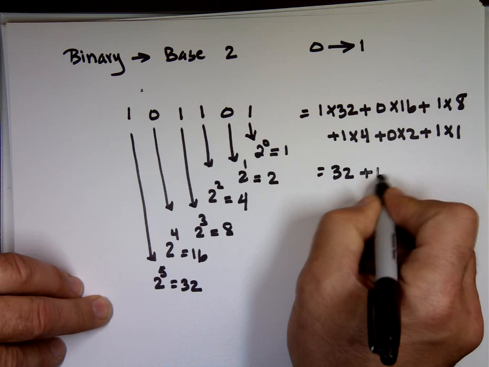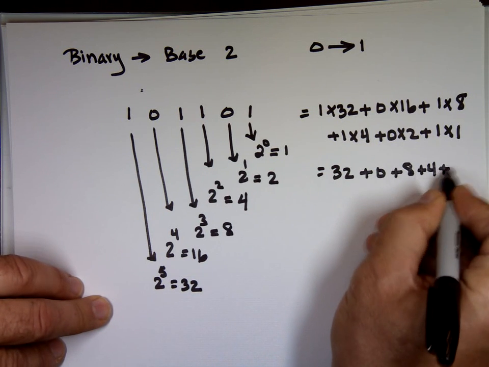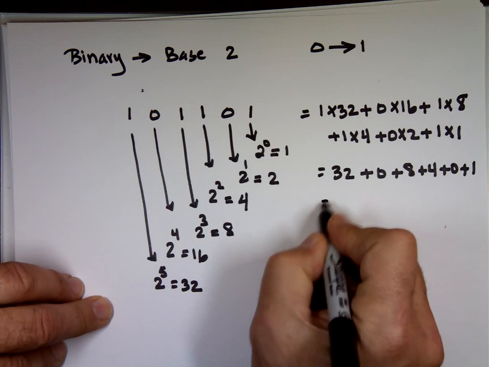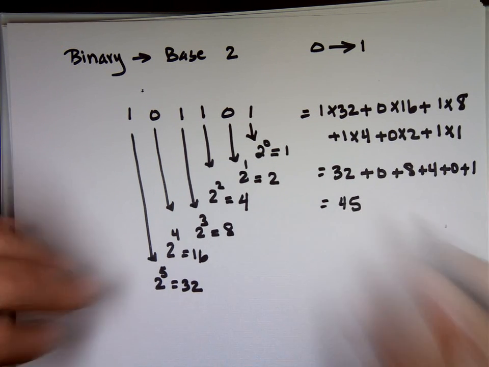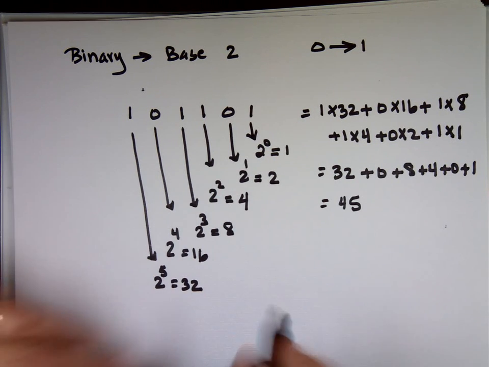This is 0. This is 8, 4, 0, 1. Is that 45? That's a 45.